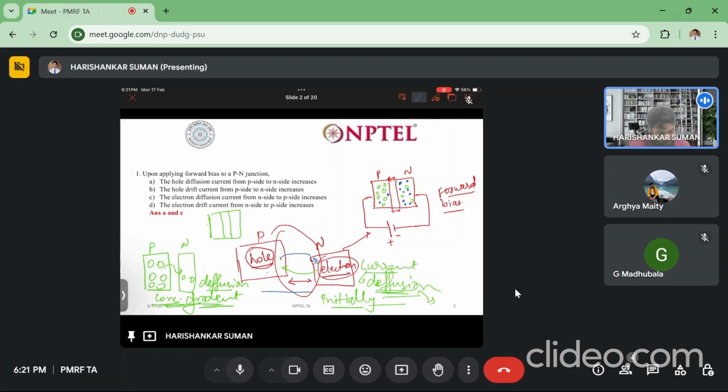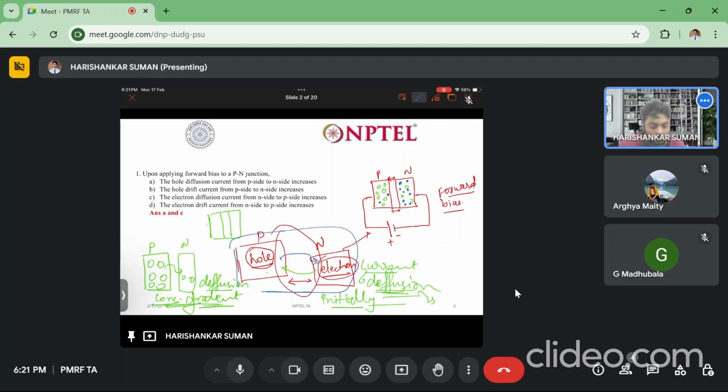When we bring them together, the depletion region is formed, and electrons and holes reach equilibrium and no longer diffuse.